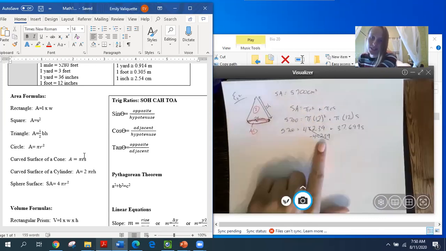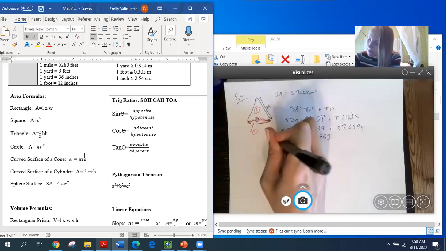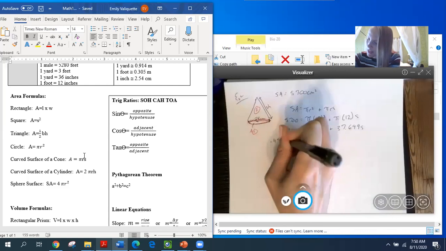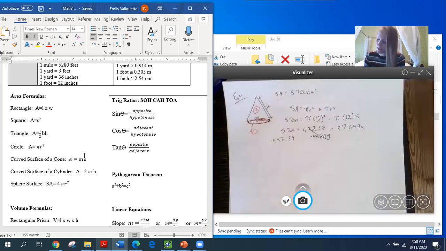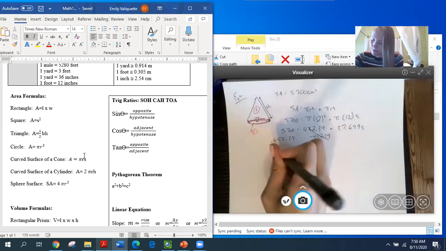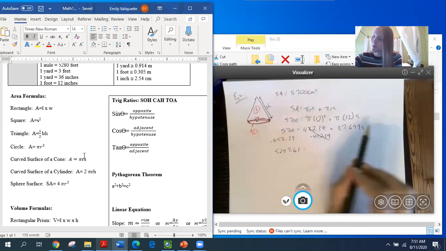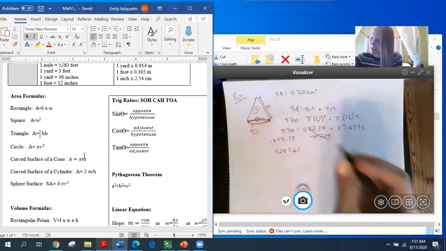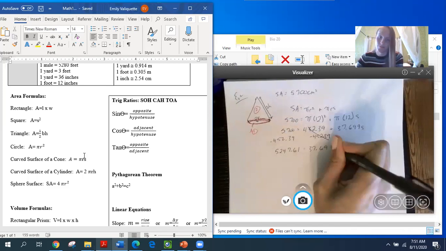And what I do to one side, I must do to the other. So I will subtract 452.39 from the other side. 5,700 minus 452.39 leaves me with 5,247.61. And that's going to be equal to my 37.699 S.